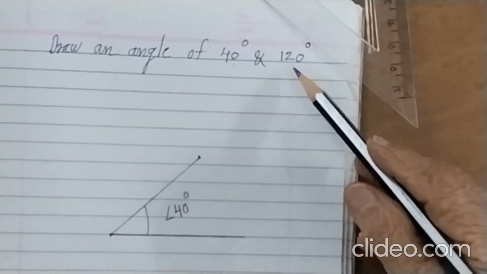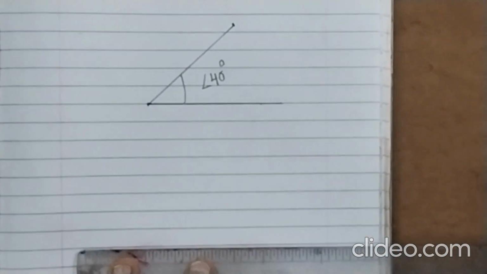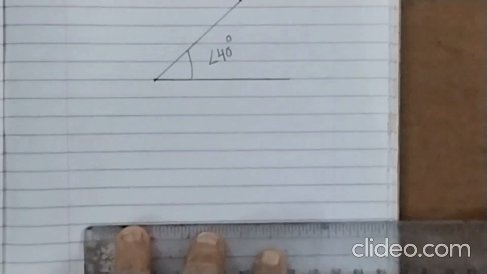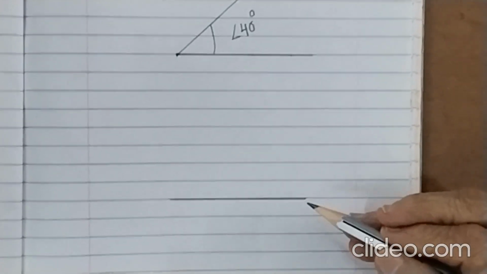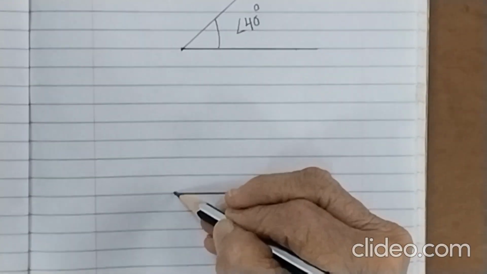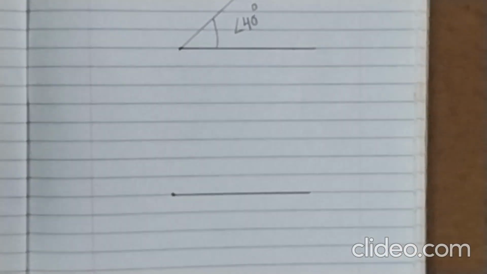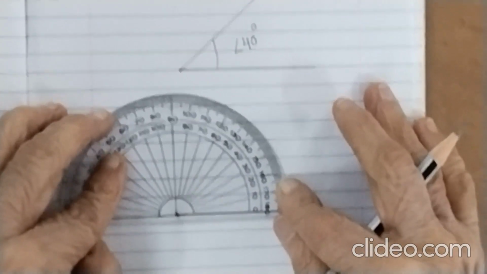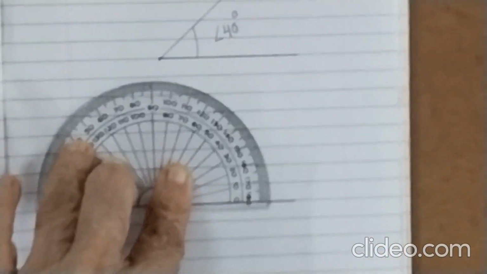Now let us, Rani, draw an angle of 120 degrees. For a 120 degree angle also, first of all, you will have to draw the lower arm of the angle. Means on the lines given on the paper, draw another line. This forms the lower arm of our angle, and this becomes the vertex. So now keep the protractor on this line with the vertex coinciding with the center of the protractor in this fashion.